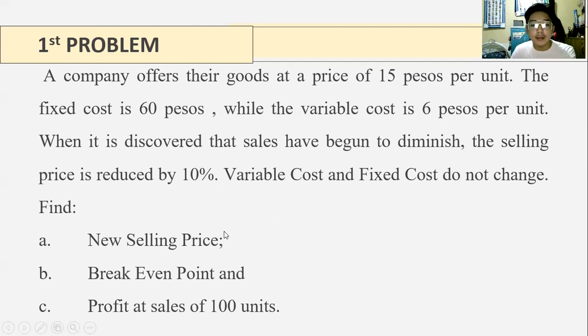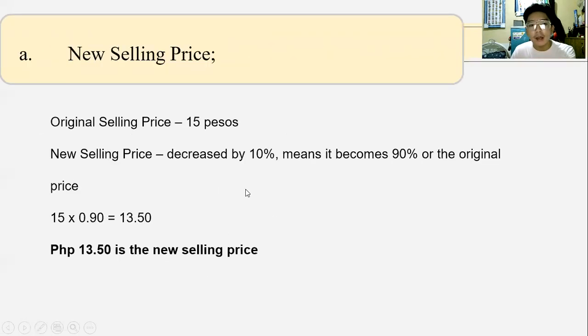First, we're going to find the new selling price. It is given in the problem that the original selling price is 15 pesos. And the new selling price, as stated in the problem, has been reduced by 10%. What does it mean? It means that the new selling price now becomes 90% of the original price.